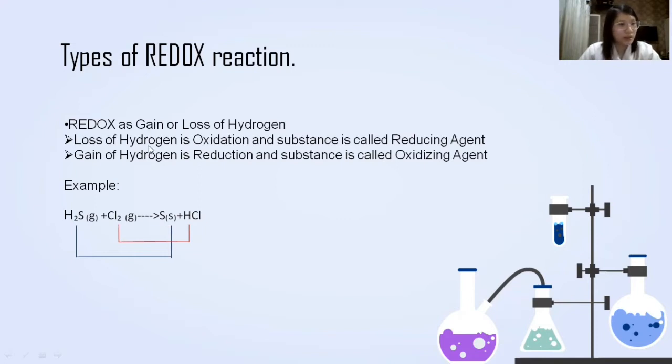So based on this statement, it means oxidation will happen. Then from chlorine gas to hydrogen chloride, it shows a gain of hydrogen, which means reduction will happen.